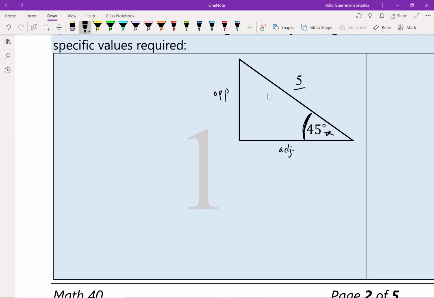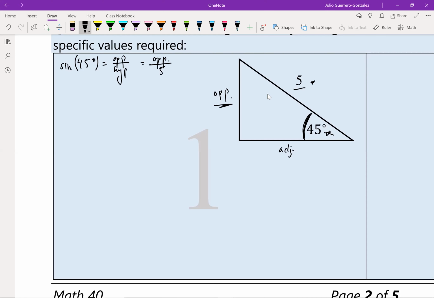So let's go ahead and knock out the opposite first, right? So we need the opposite and we have the hypotenuse. That's telltale sign for a sine, right? So sine of 45 degrees is equal to the opposite over my hypotenuse, which is opposite, the thing that we don't know, divided by 5.